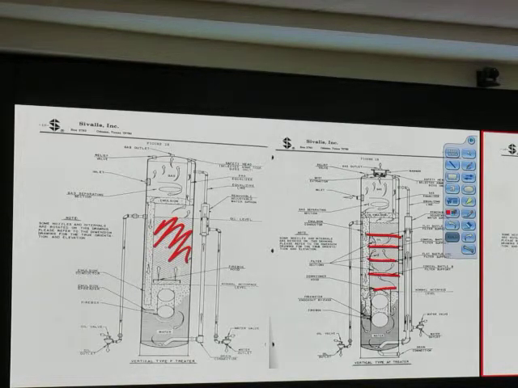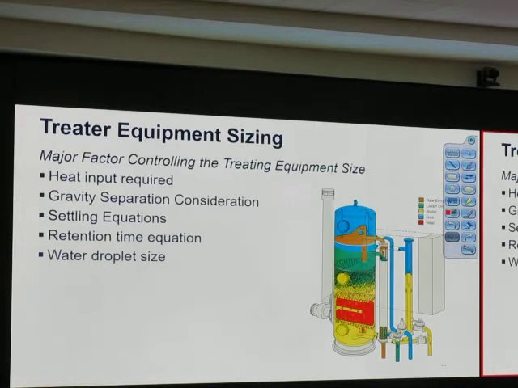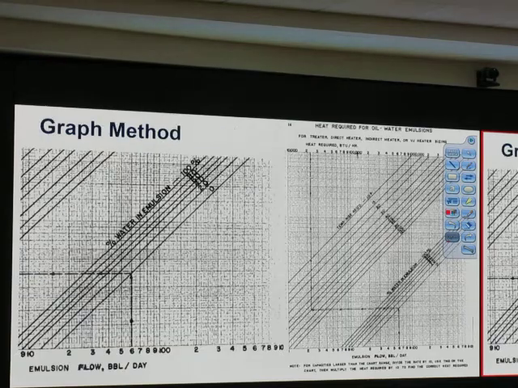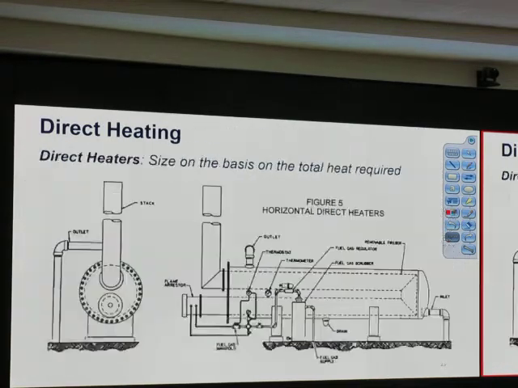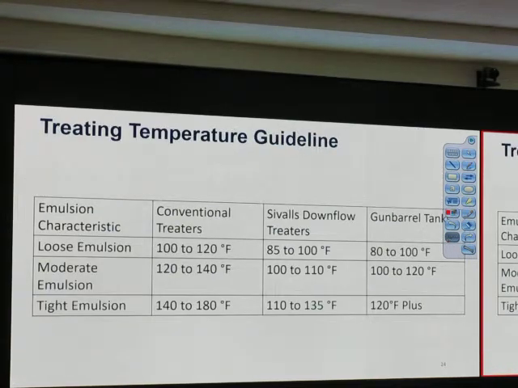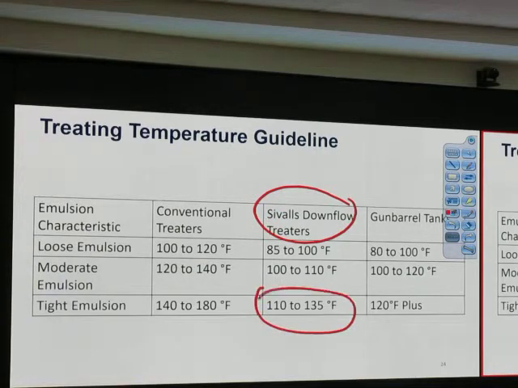So the difference in the design causes different kind of separation. If you have a good design, it suggests that we don't need to have it that hot. So pay a little bit extra. Okay, now I go forward. Pay a little bit extra to do the downflow model. We can do a little bit less heat.